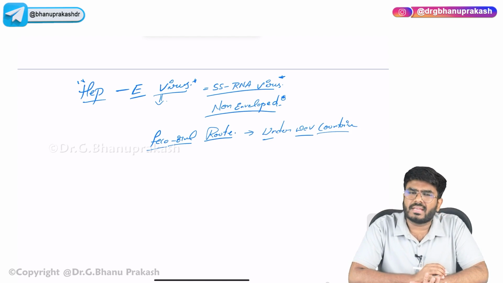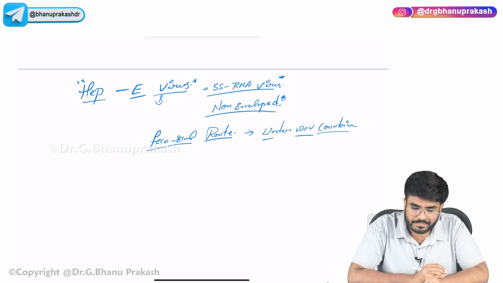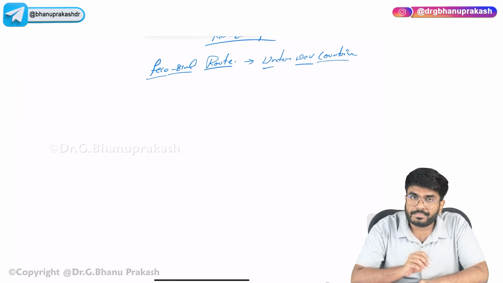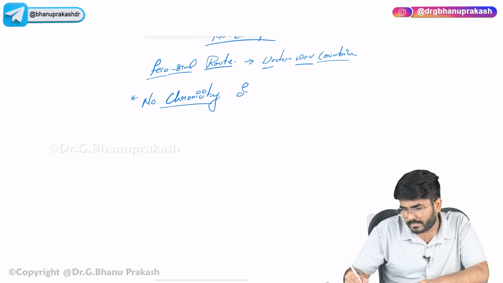It is a self-limiting condition, not a big problem. But when you get this hepatitis E virus during pregnancy, first let me write the points one by one. There is no chronicity, it is a self-limiting condition.